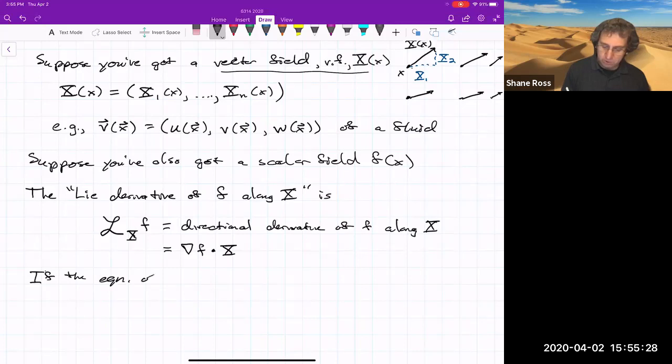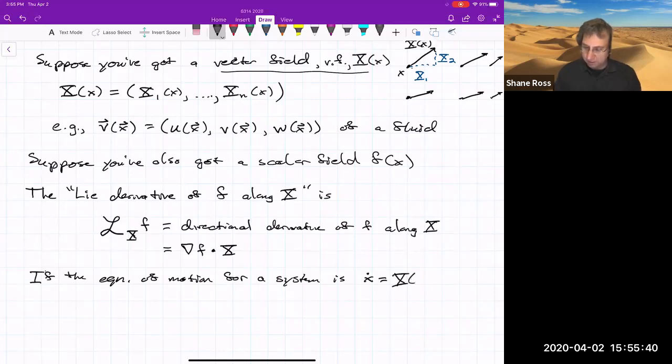So if the equation of motion for our system is x dot equals this vector capital X, then the total derivative of F, it's dF/dt, the total derivative of F along trajectories, we would write this in terms of chain rule.